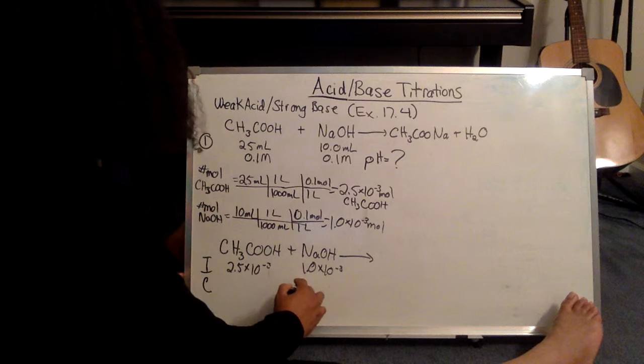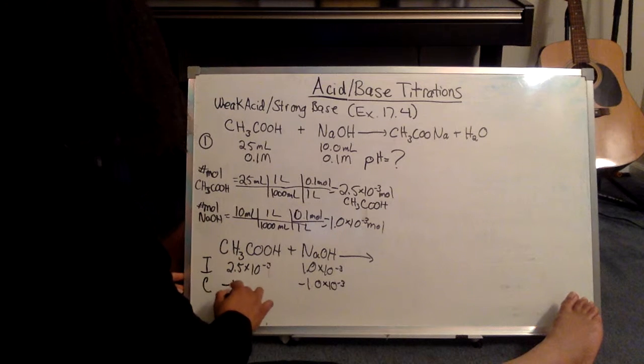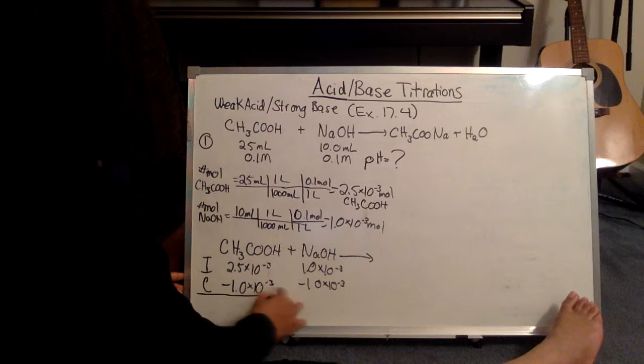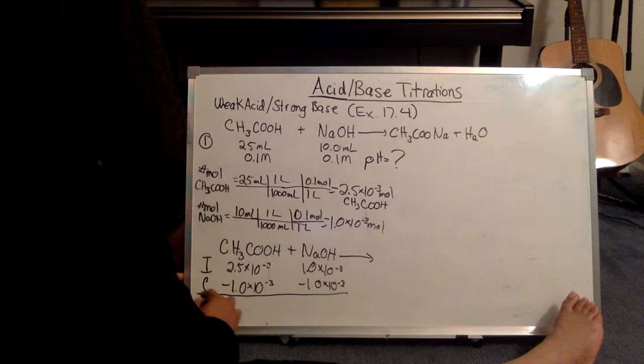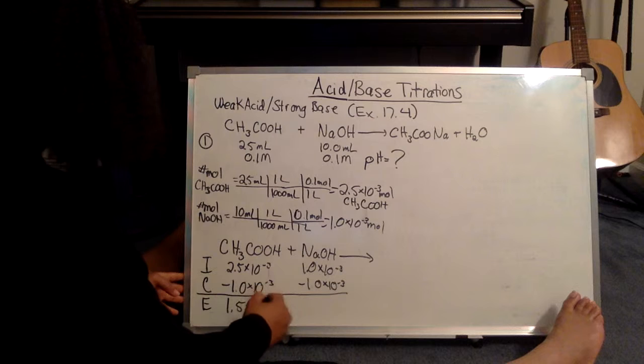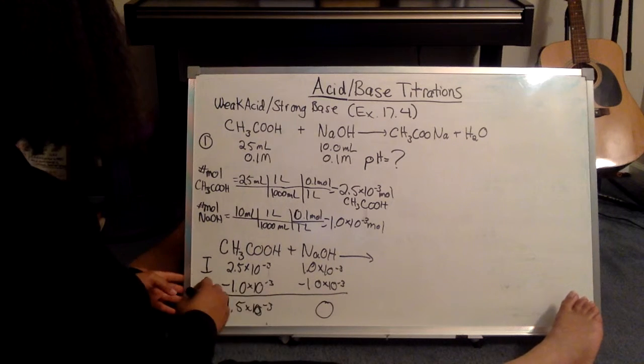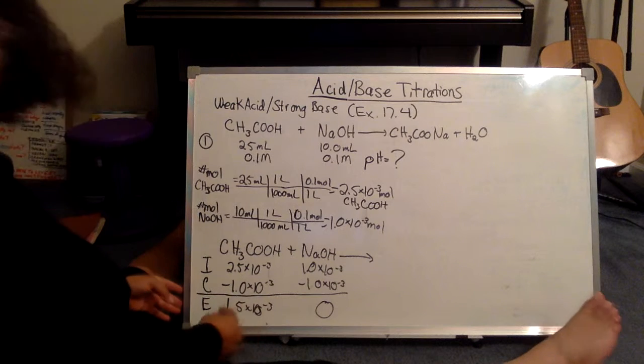So here's our change, and then we end up with 1.5 times 10 to the minus 3 moles of acetic acid and 0 of the sodium hydroxide. So this is what's left over.